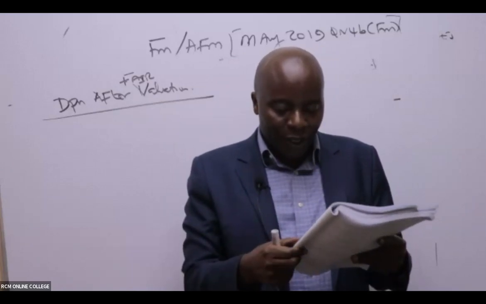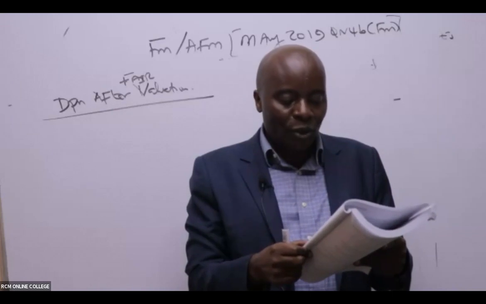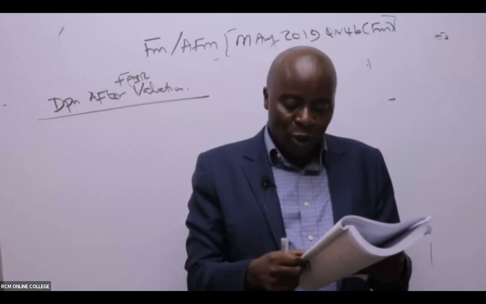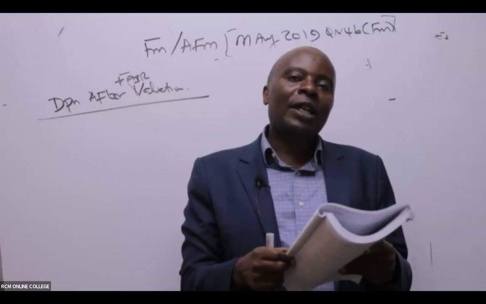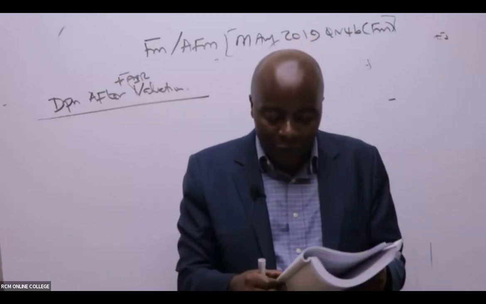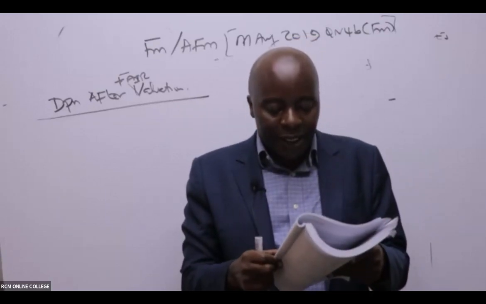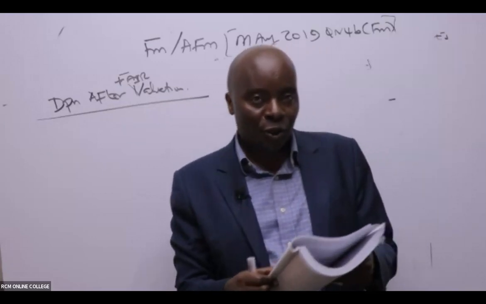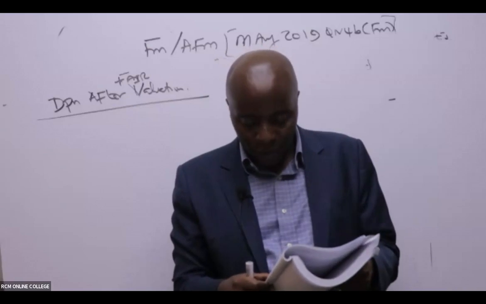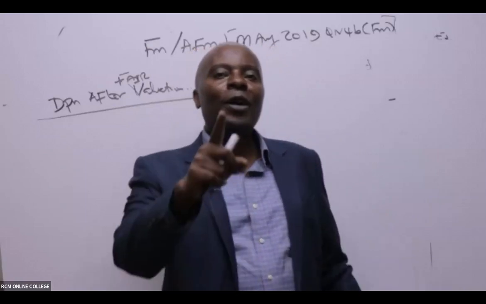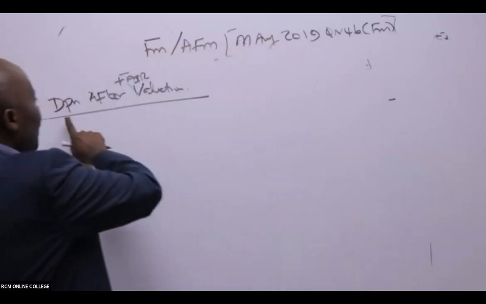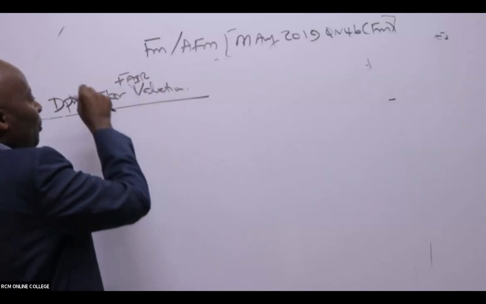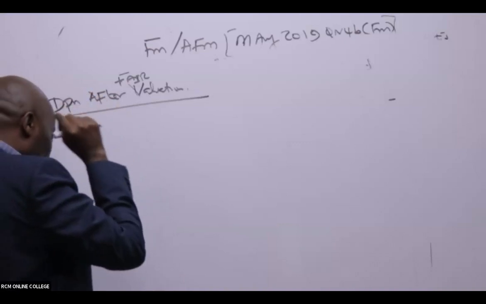They have told us the useful life of this machine was originally expected to be 5 years with no salvage value. However, the valuer has now estimated that the machine will have an economic life of 10 more years and a salvage value of 500. So come and give me the depreciation of the existing machine after fair valuation.